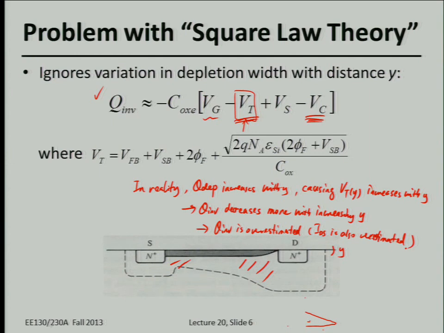Your channel starts to pinch off, okay? But in our first order approximation, as we described previously, we underestimate depletion charge, and with that underestimation we get the saturation voltage equal to Vg minus Vt, okay?